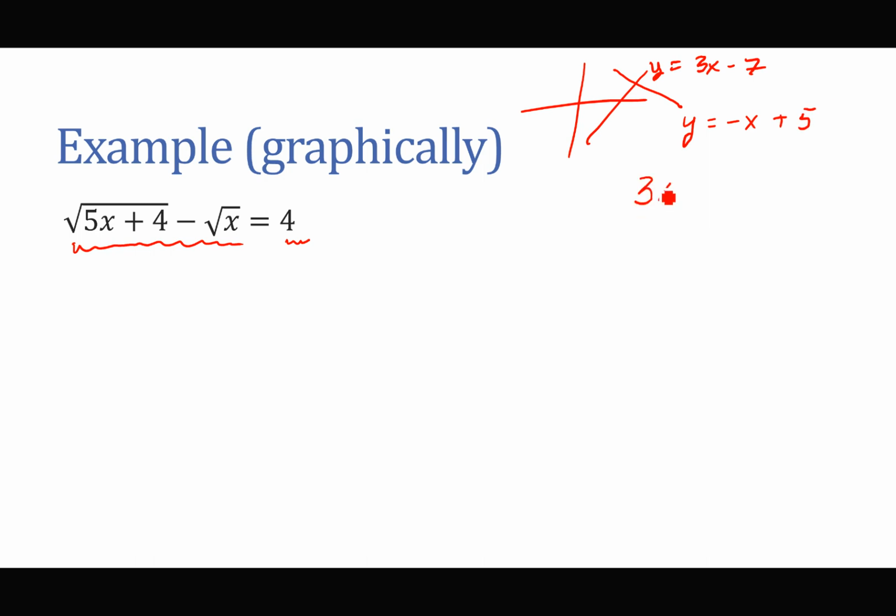If I set up the equation to say 3x minus 7 equals negative x plus 5, those will be equal to each other right there at that point where they intersect. Okay, so just don't get caught up in you have these crazy equations going on. Think of them separately. This side has to equal this side. If I think of it graphically, it's only going to happen at one specific point, or it might be two.